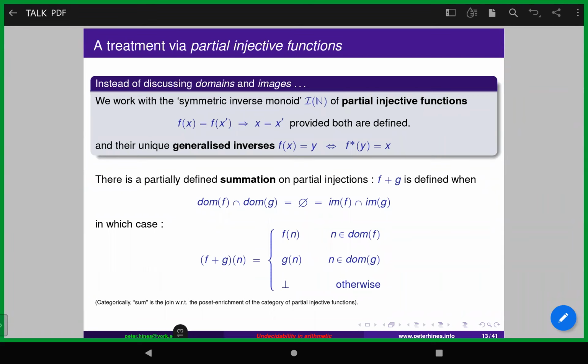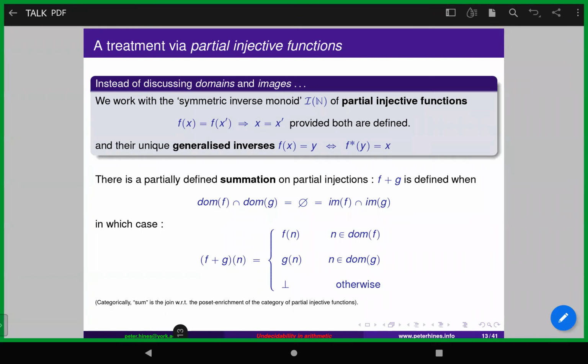And if we have partial injective functions, well, we also have generalized inverses. So if f(x) equals y, then f*(y) equals x. So it's like a group theoretic inverse, but we're working with possibly partially defined functions. If our functions are globally defined bijections, well, this becomes precisely the inverse in the group theoretic sense.